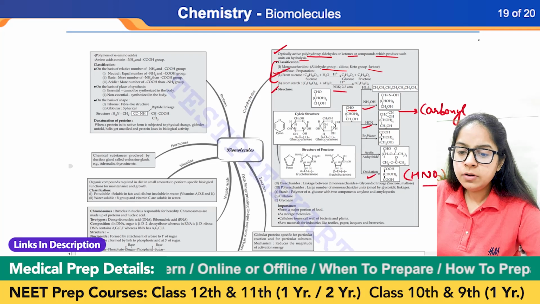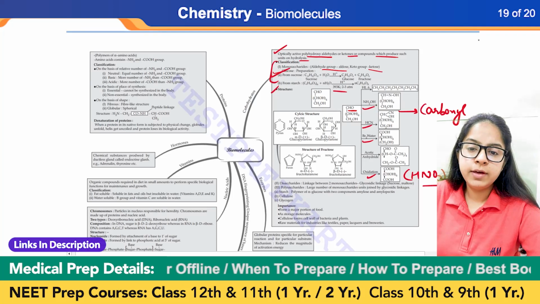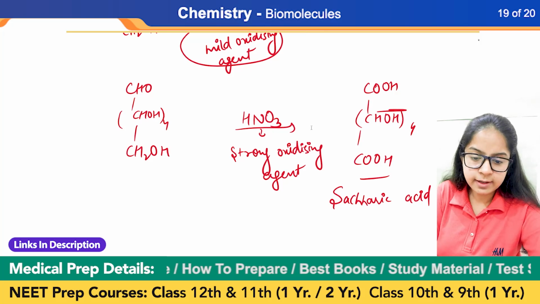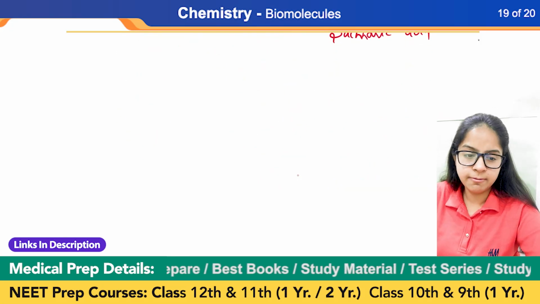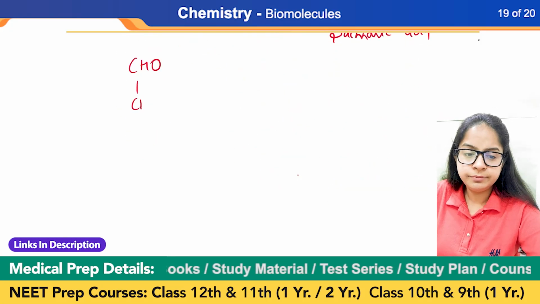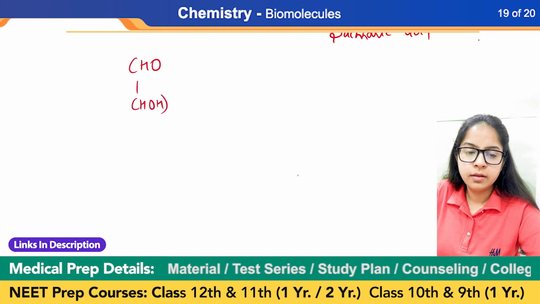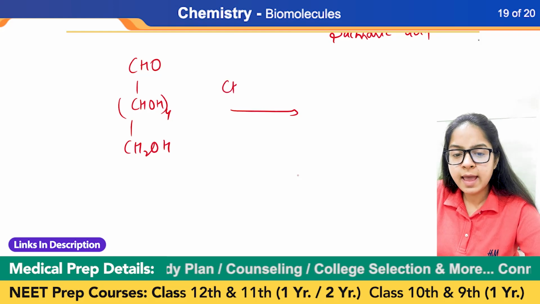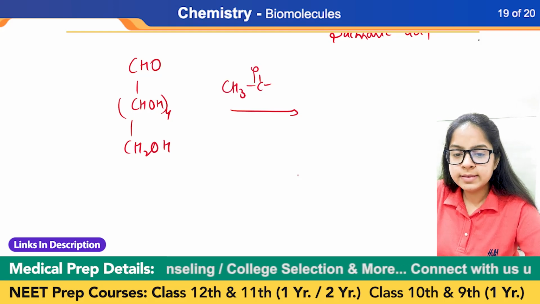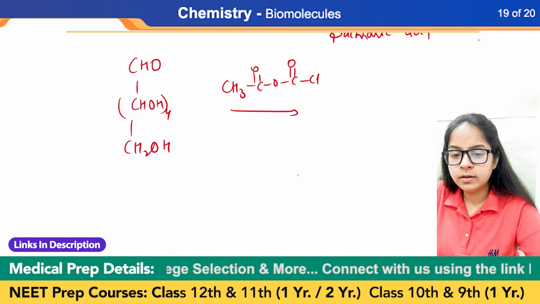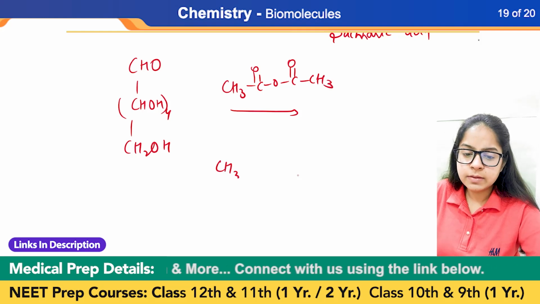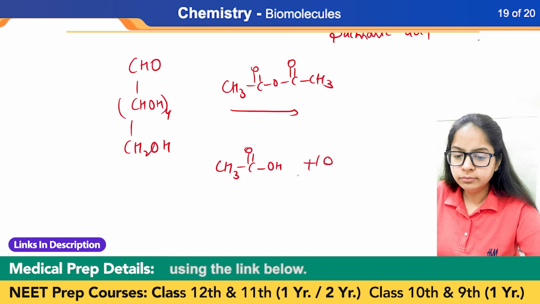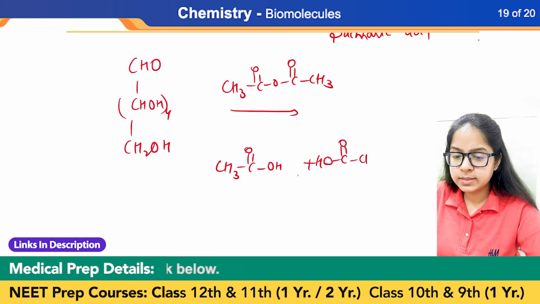Now, I want to confirm whether the OH groups are present on one carbon or on different carbons. To detect that, we can try this with acetic anhydride. Acetic anhydride is this one. How can you make this? Suppose I have acetic acid, CH3COOH plus CH3COOH.